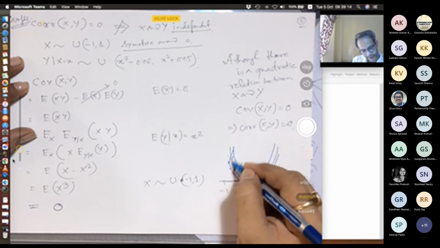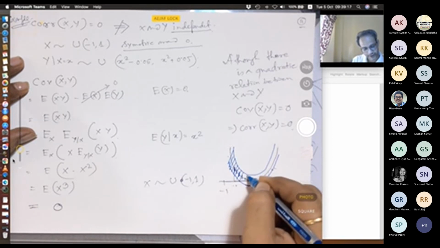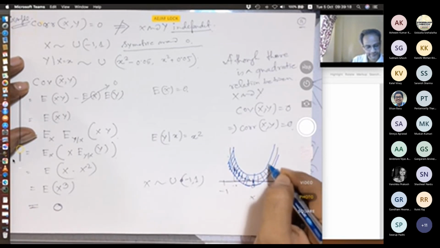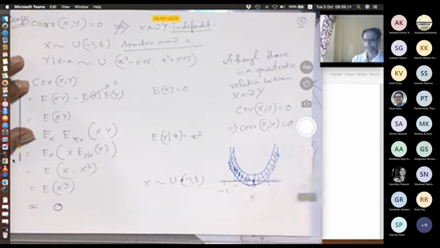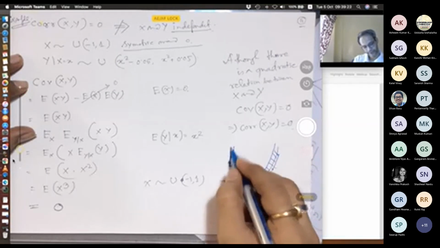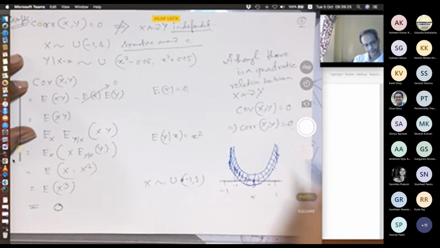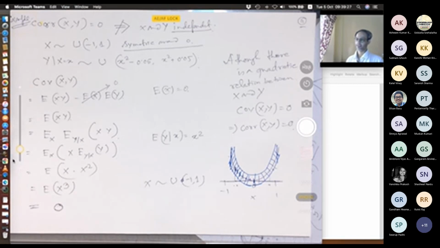So within this shaded region all the xy values will fall. This part will be a straight line. So within this shaded region this xy will fall, and this is a special case when correlation 0 doesn't imply independence.